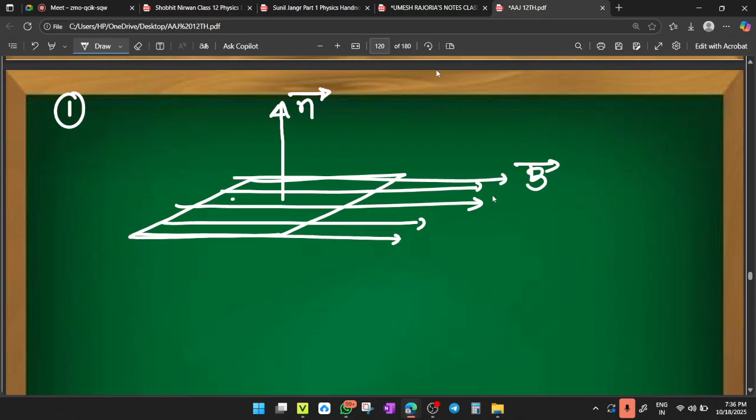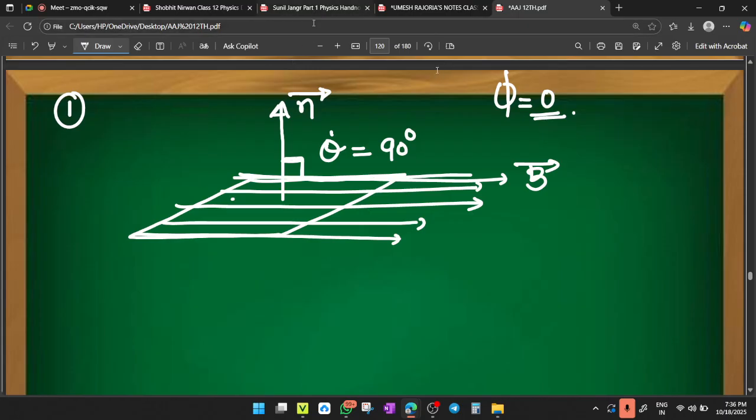No, there is no penetration. It just touches and goes. So here, what is the angle? Tell me, beta. Theta is equal to 90 degrees. So the angle between the B vector and N vector is 90 degrees. So the amount of flux is equal to what? 0. Clear or not clear? The amount of flux here is 0 because B and N vectors are perpendicular to each other.